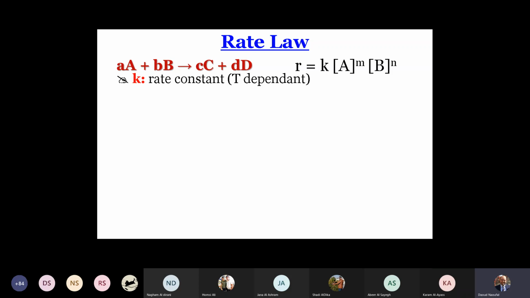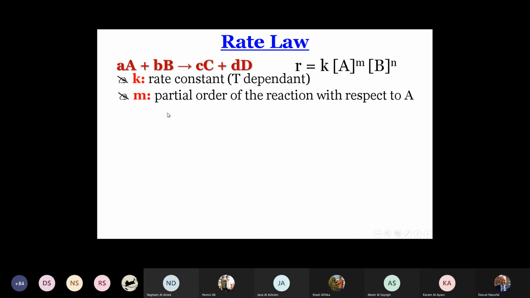K depends on the nature of the reaction, and it depends on the temperature of the reaction. For two different reactions, we have in general different values of K. For two experiments of the same reaction realized at the same temperature, K is the same.